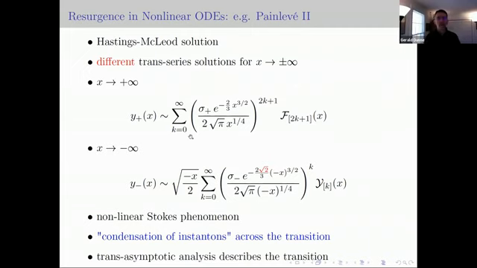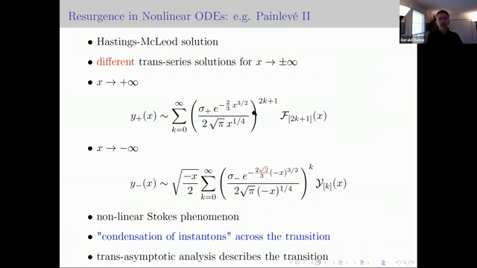So first of all, we see that the type of trans-series as x goes to plus infinity and minus infinity is completely different. Whereas for the Airy function, on one side we had e to the minus 2/3 x^(3/2) times something, and then on the other side we had two exponentials, the sinusoidal type behavior, but it was basically e to the i 2/3 (-x)^(3/2). There was no change in the coefficient up here in the exponential.